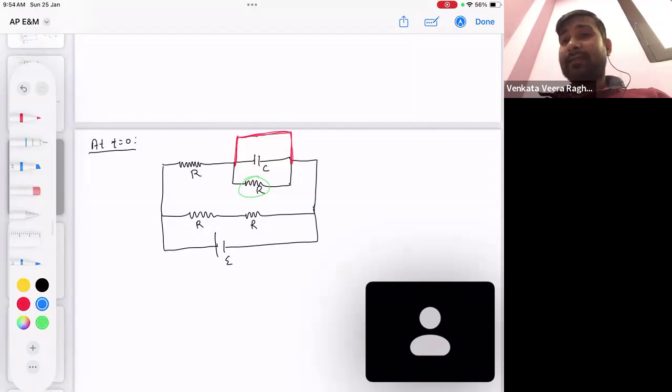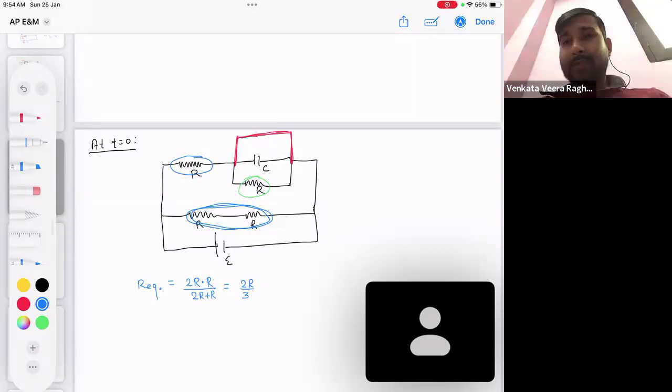Now, if you look at this one, see that this lower branch has what resistance? R and R in series, 2R. And upper branch, this R. So what is the R equivalent we are getting? 2R and R in parallel. 2R into R by 2R plus R. So that will come 2R by 3.